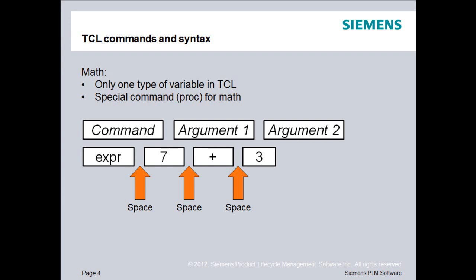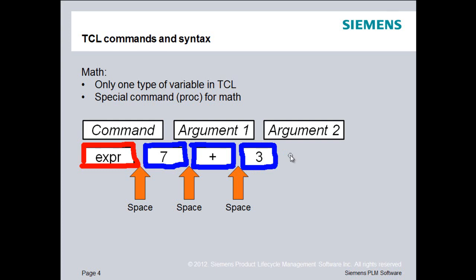What you do need to understand is how the command structure is set up. So in this case, we have EXPR as the command, followed by argument 1, that's just a literal value, 7, then another argument, the plus sign, and then another argument, 3.